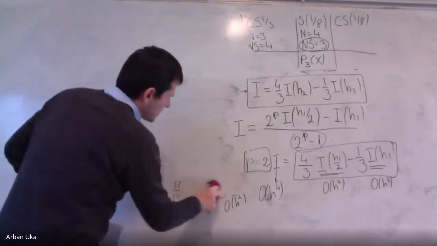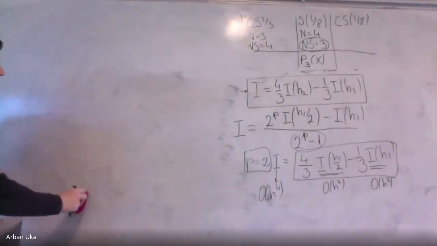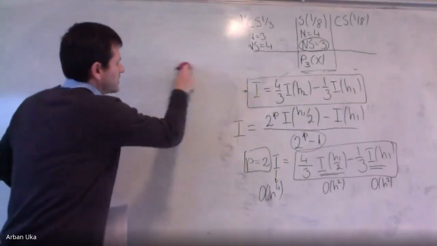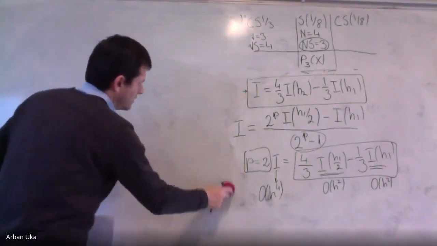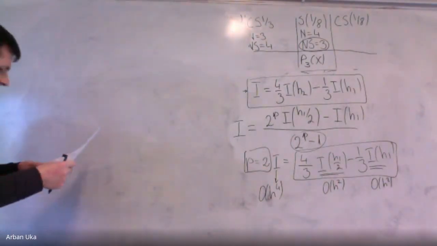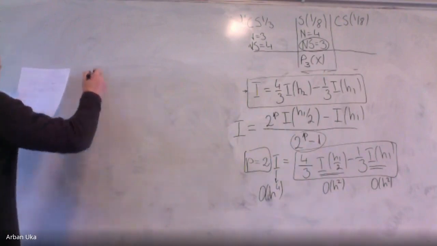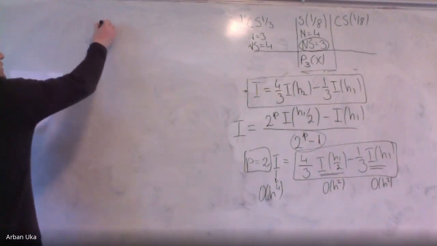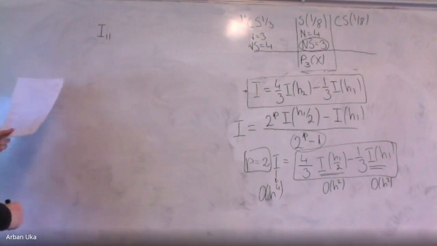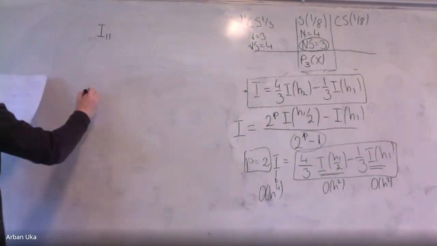So Richardson extrapolation is a very nice technique. It is very useful, and you're going to see that it converges much faster. The way to think about this is that we can have a value of the integral. We call this one R11 or I11.